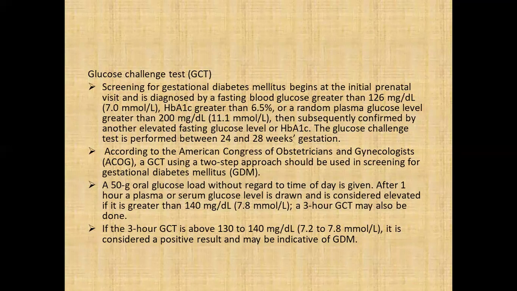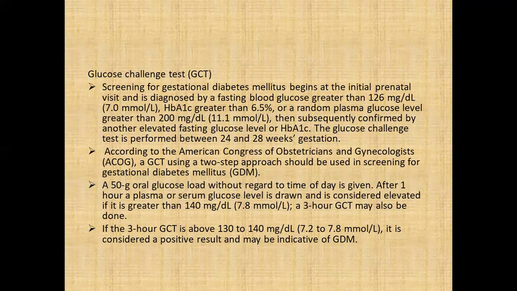When we test your sugar and it is more than the threshold, that is 130 to 140, it is concluded that you have gestational diabetes. For gestational diabetes, we don't use just one test to confirm. The person has to go through 3 tests.